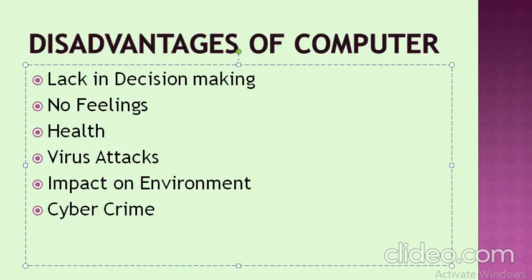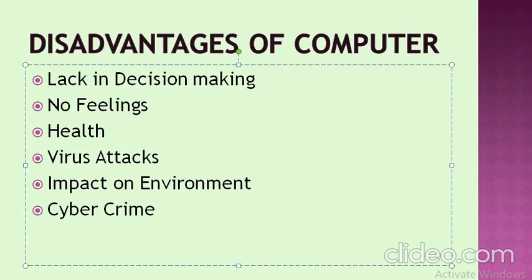Corrupts means which destroys, which creates harm to the other files. So if there is a virus attack on our computer system, the computer will not be able to work properly. That is why virus attack is one of the main disadvantages of computer.